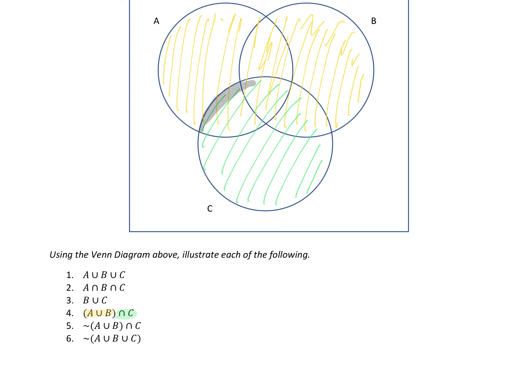So this is yellow and green. This is yellow and green. And this is yellow and green. So all the parts I just colored in this gray color, that is the visual solution by shading in the Venn diagram for number 4. So those 3 sections are included in A union B intersect C.